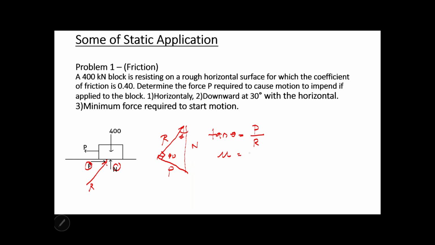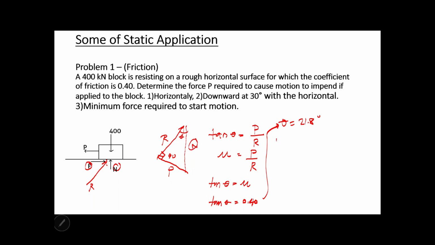Just recall in our mechanics. So, again, susulat muna natin dito. Tangent of theta is equals to mu. But we know that mu is equals to 0.40. We can solve the theta, which is equals to 21.8 degrees.